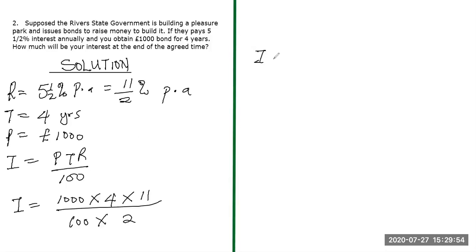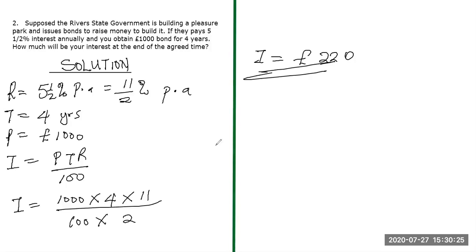So our interest is equal to 220 pounds. Is that what they asked us to find? How much will be your interest at the end of the agreed time. So it's interest that they are asking us, and this is the interest, £220. Is that taken? So basically, they almost follow the same pattern, but what distinguishes overtime and one time is that the overtime will contain duration attached to the percentage.